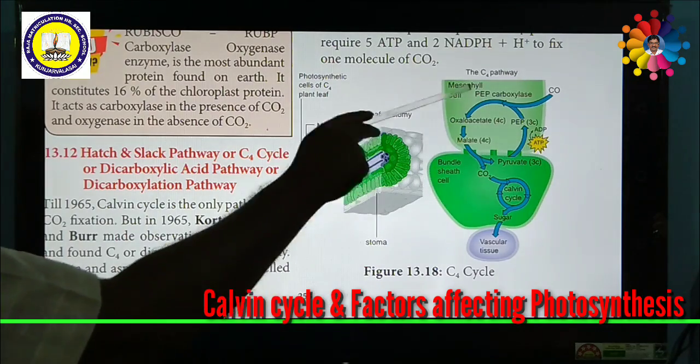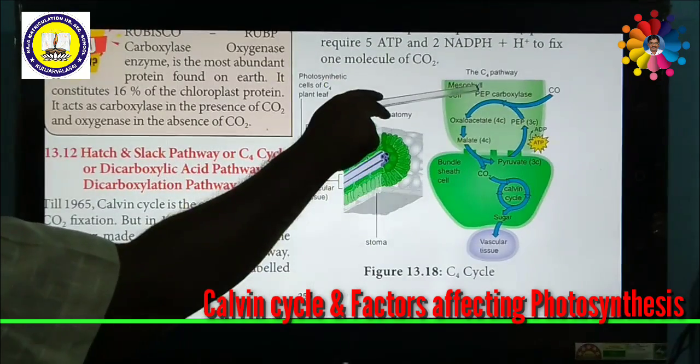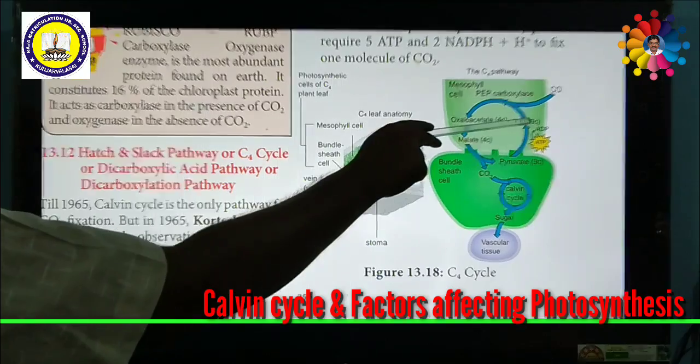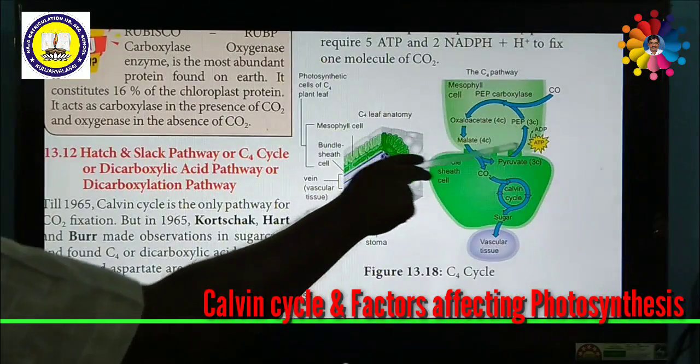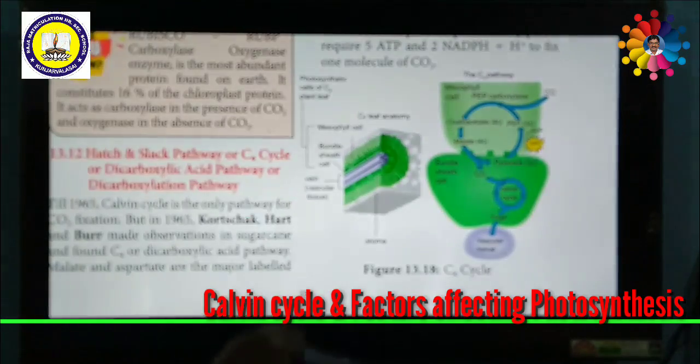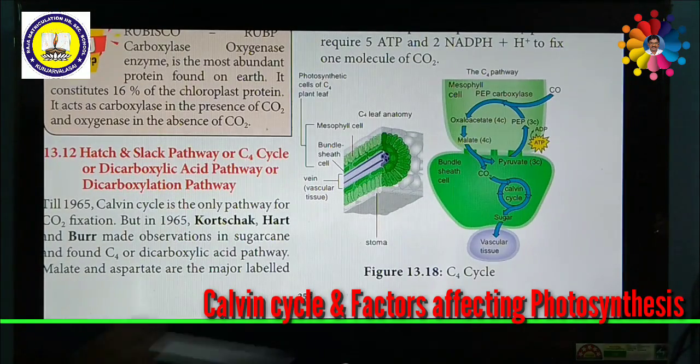So there are two types of chloroplast in the C4 cycle: granal chloroplast in the mesophyll cell and agranal chloroplast in the bundle sheath. So this is called dimorphic chloroplast. Dimorphic chloroplasts are present in the C4 cycle, but in the C3 cycle, they have normal chloroplast.